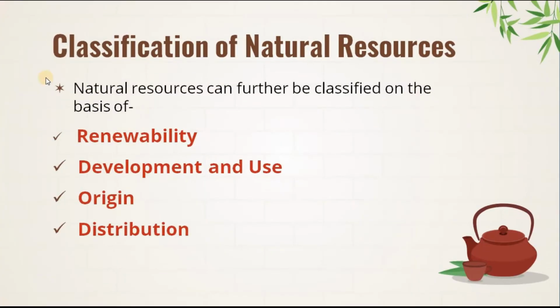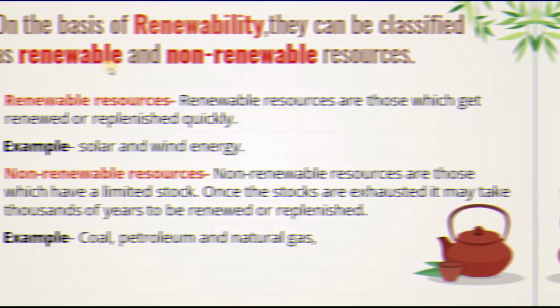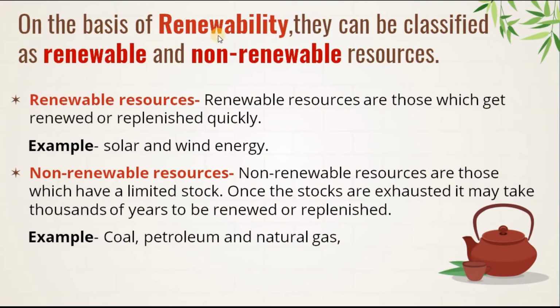Okay students, natural resources can be classified on the basis of renewability, development and use, origin and distribution. Let's understand renewability. On the basis of renewability, natural resources can be classified as renewable resources and non-renewable resources.